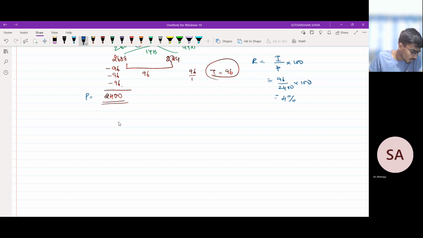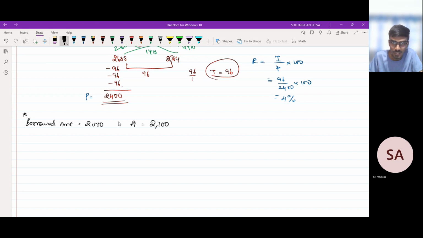Suppose I give you one more question. Borrowed amount is 2000. At the end of the year, I want my total amount to be 2100. Number of years is equal to 6 by 12 years.